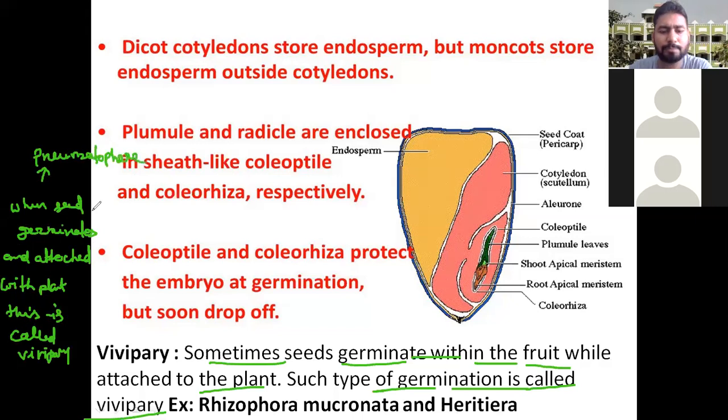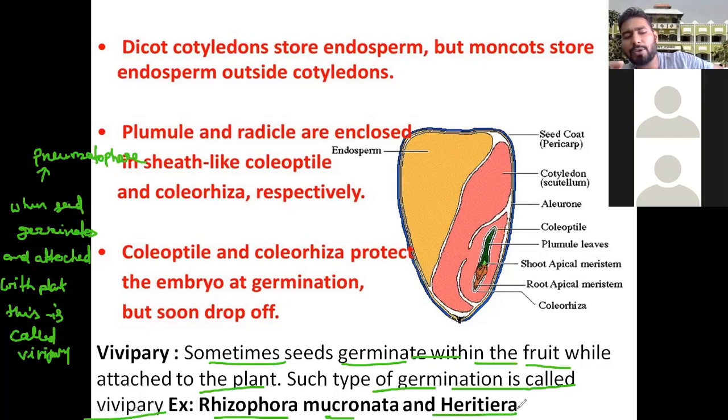So now you can say Rhizophora mucronata, Heritiera, Sonneratia, Avicennia, and pneumatophore.